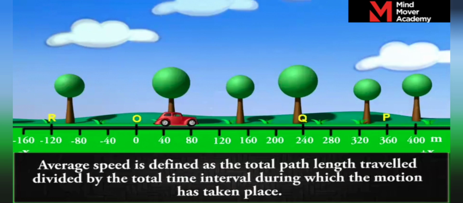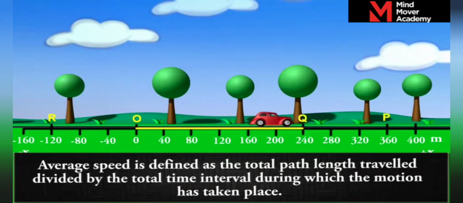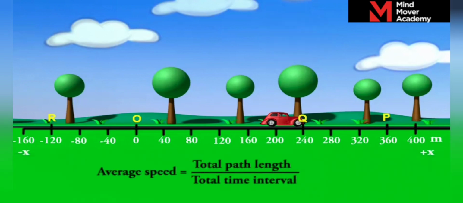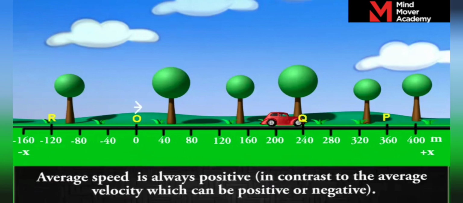Average speed is defined as the total path length traveled divided by the total time interval during which the motion has taken place. Average speed is equal to total path length upon total time interval. But it does not tell us in what direction an object is moving. Thus, it is always positive, in contrast to the average velocity, which can be positive or negative.